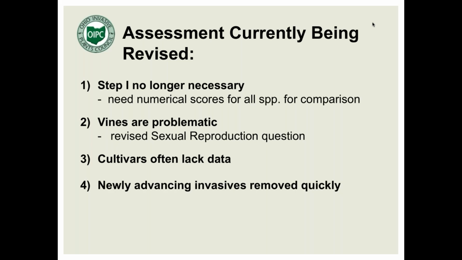The other, more recent thing is that we have newly advancing invasives, and we know there are problems. An example is giant hogweed. That's a huge problem. But in the state of Ohio, it doesn't really show up on many state distribution lists or anything like that, because it's removed as quickly as possible.